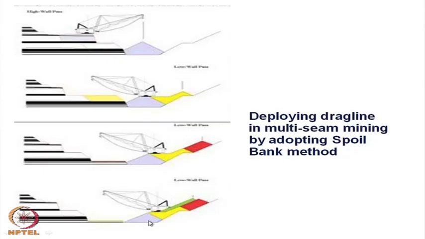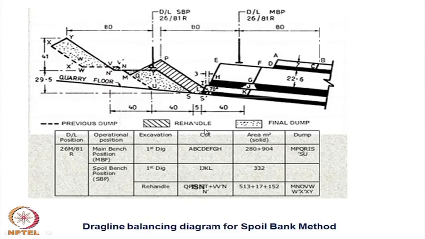So, you can see here there is a movement of the dragline from the top bench overburden to the spoil bank, and then you do it over there, and the same thing can be repeated. So, the overburden removal by the spoil bank method is done wherever this type of two seams are there.